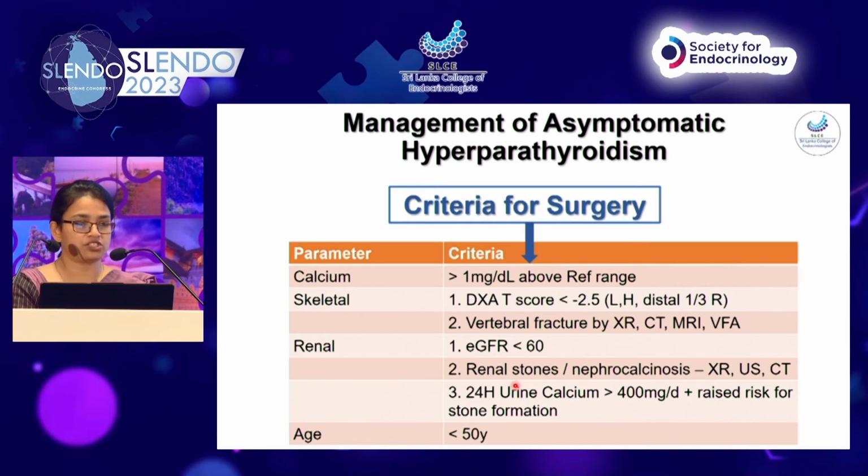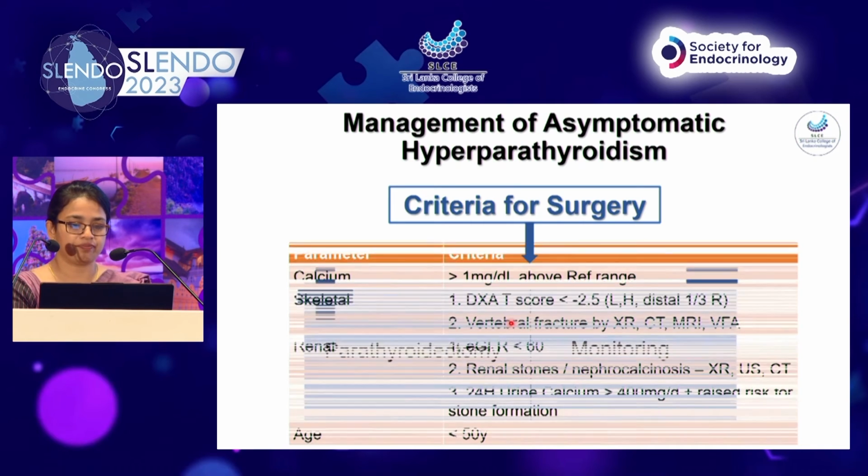And vertebral fractures detected by X-ray, CT or MRI, or renal parameters: eGFR less than 60, having renal stones, or increased urine calcium excretion, and age being less than 50. If any of these criteria are met, then with complications, this can be taken as an indication for surgery.